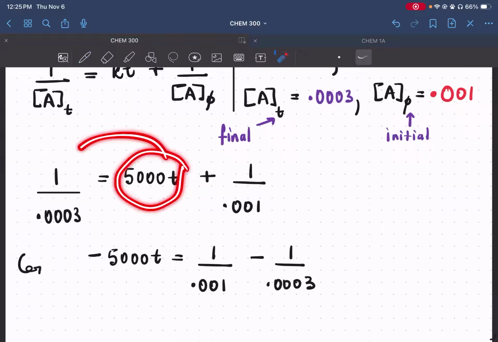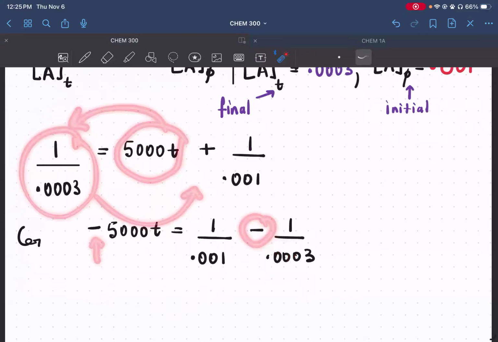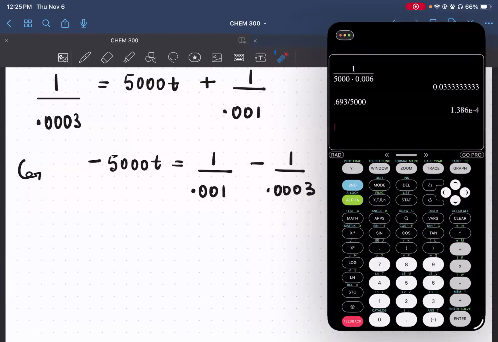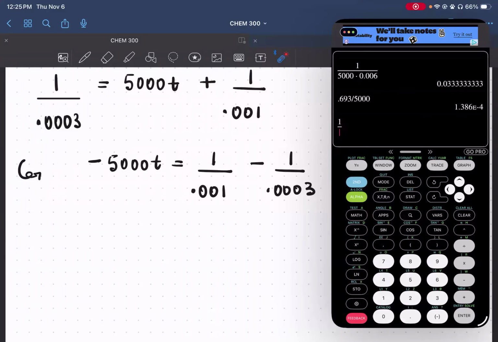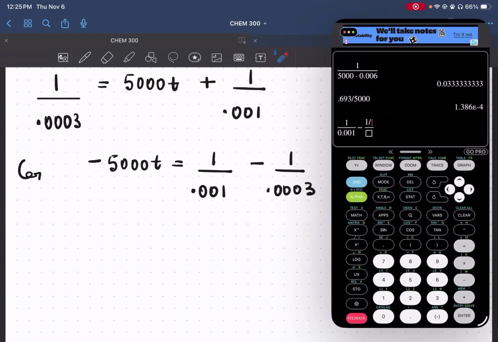I've carried over the 5,000 on the other side. That's where the negative comes from. I've carried over the fraction to the other side. That's where the negative comes from. Putting the fraction in our calculator, 1 over 0.001 minus another fraction, 0.0003.